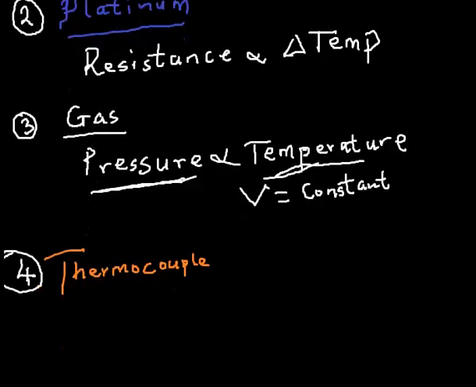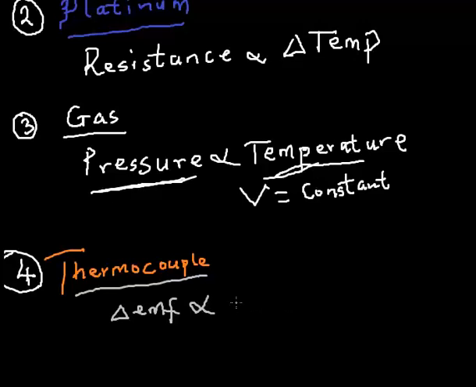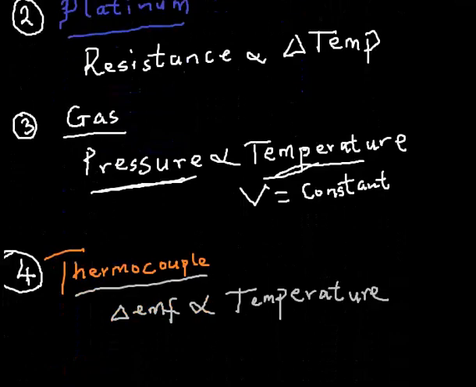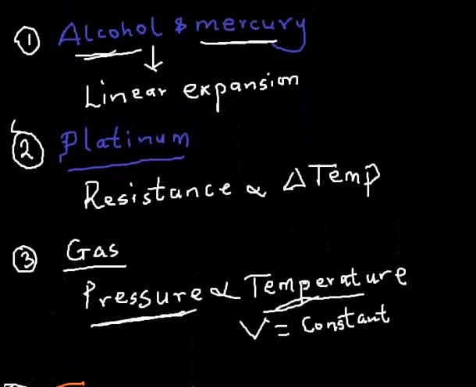So what is the thermometric property of a thermocouple? It is the change in EMF, which changes with temperature. The EMF produced by a thermocouple changes with change in temperature. If there are others, I will bring them up.